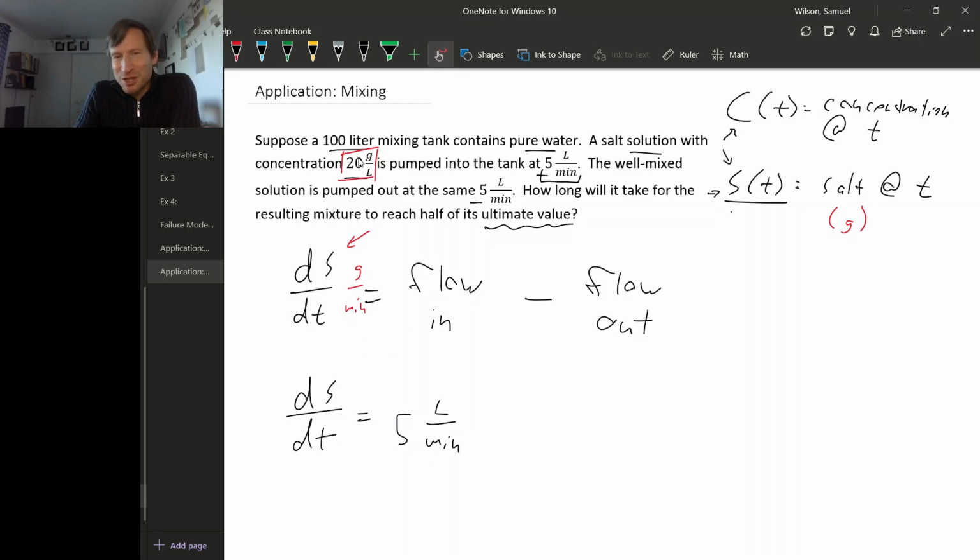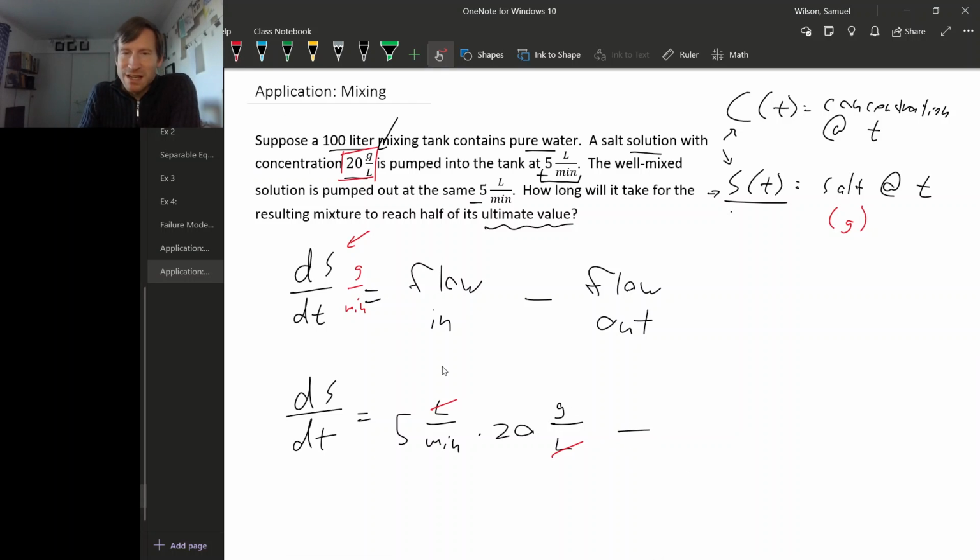But if you look at the units for this concentration, you'll see if we just multiply this concentration by the flow rate, so 20 grams per liter times the flow rate, then the liters cancel, and we do get grams per minute. So there are 5 times 20, that's 100 grams per minute of salt flowing into the tank.